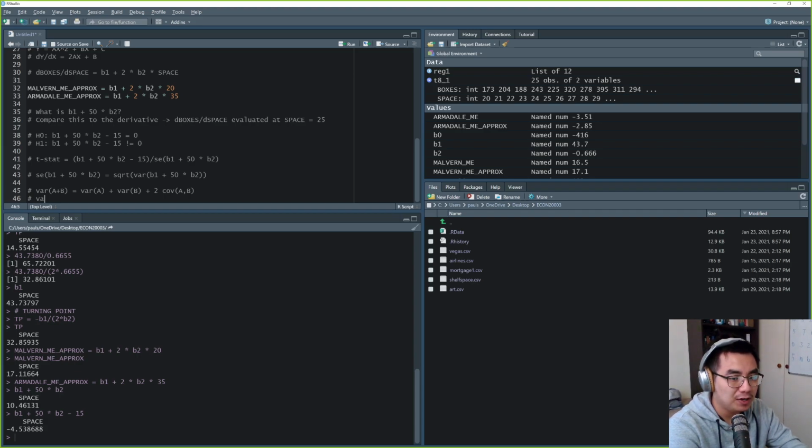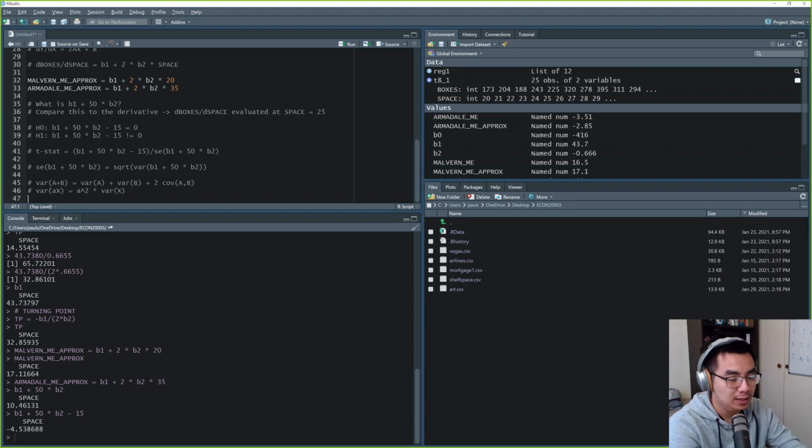If you have the variance of AX, where A is a constant, that's A squared times the variance of X. And if you have the covariance of, let's say, AX and BY, that's AB times the covariance of X and Y. So basically, taking things out of the variance, you need to square them. Taking things out of the covariance, you do not need to square them, because they only affect one term.